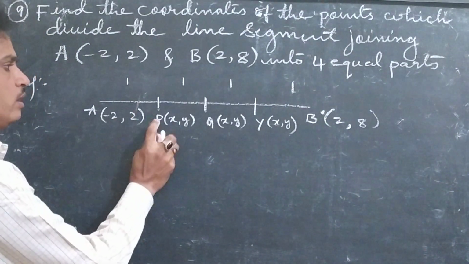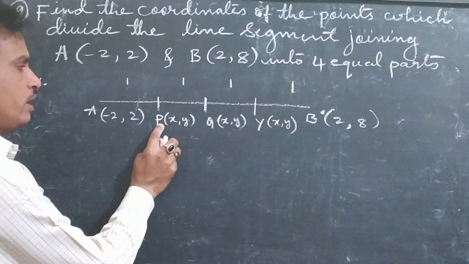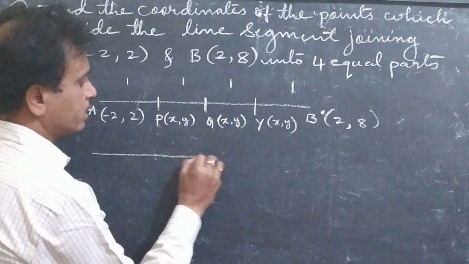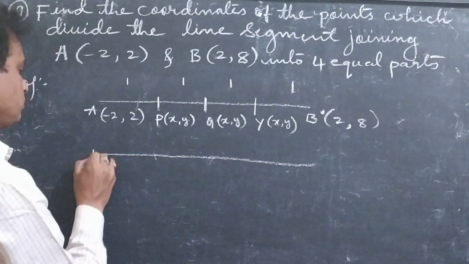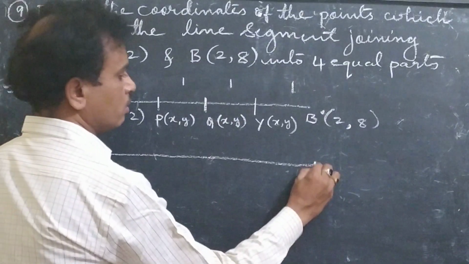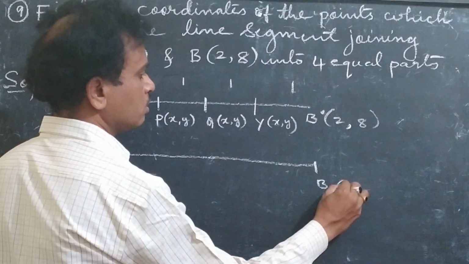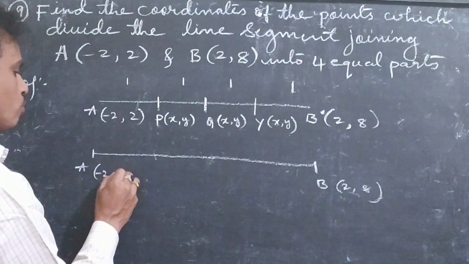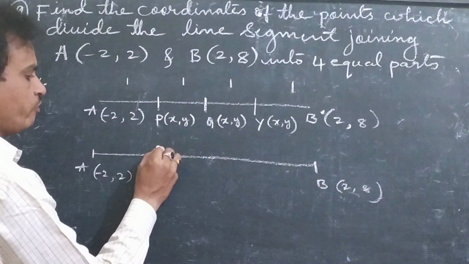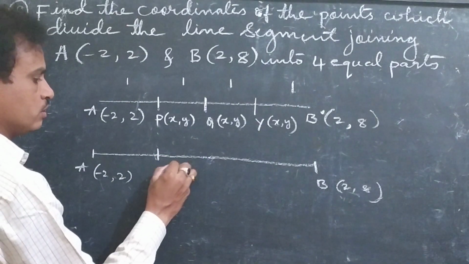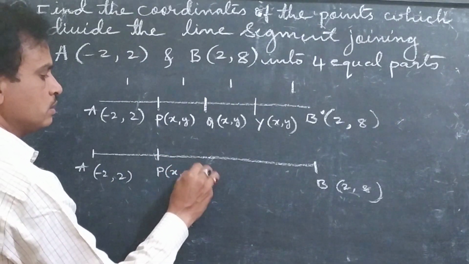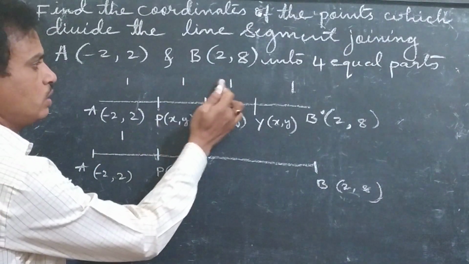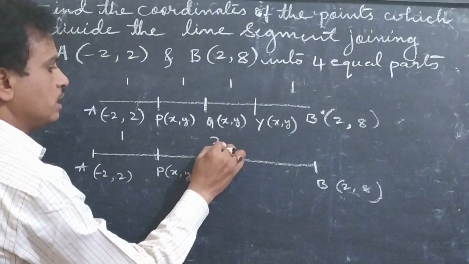Now to find the coordinates of point P, we'll take one more diagram. A is (-2, 2), then point B is (2, 8). This side is 1, and the remaining 1, 2, 3 is 3.